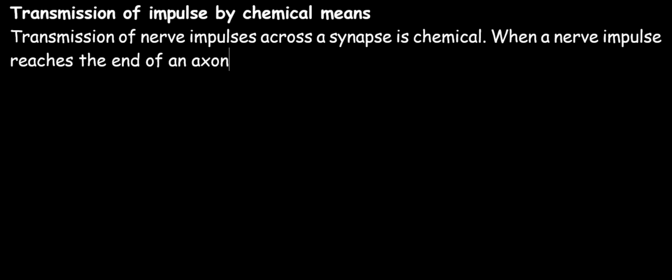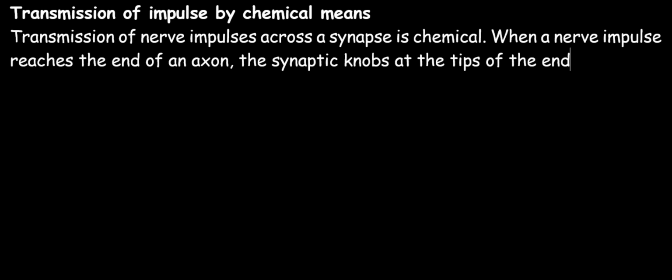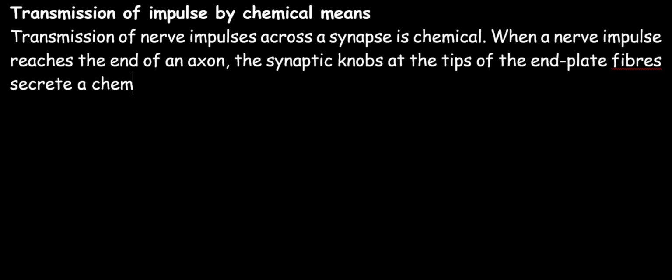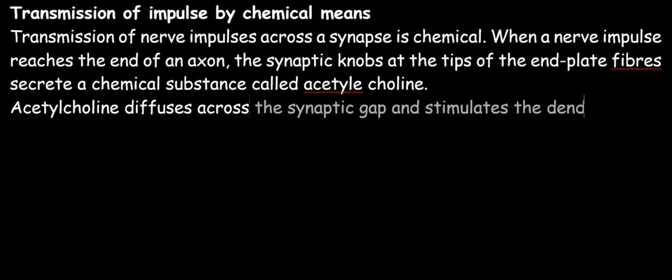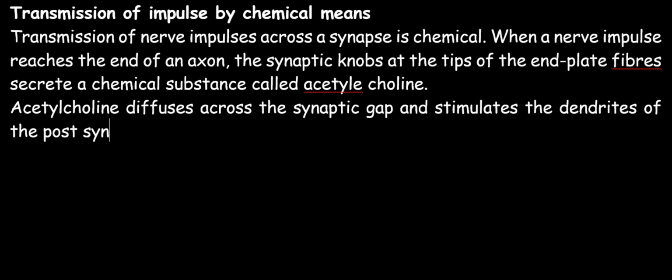The synaptic knobs at the tip of the end plate fibers secrete a chemical substance, and this chemical substance is called acetylcholine. Acetylcholine will diffuse across the synaptic gap and stimulate the dendrites of the postsynaptic neuron. The second neuron continues the transmission of impulse.